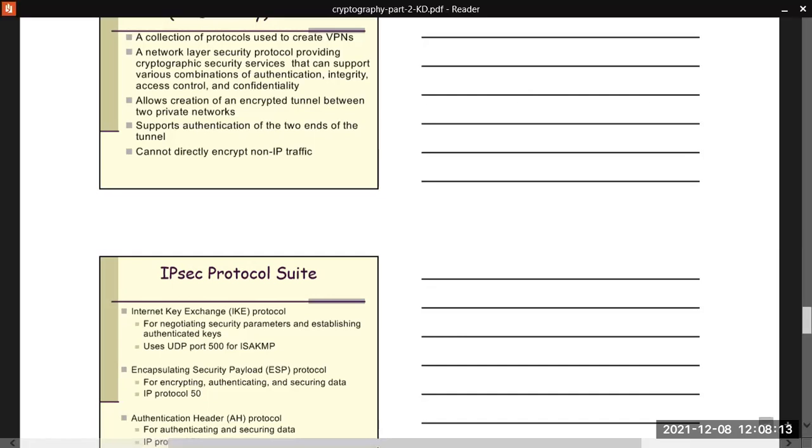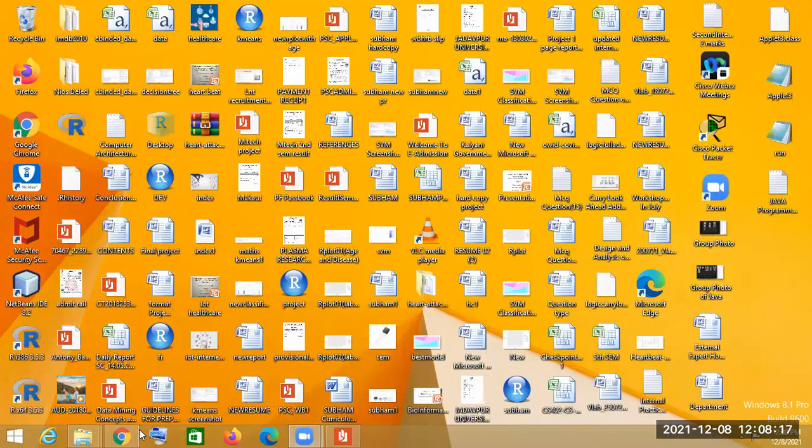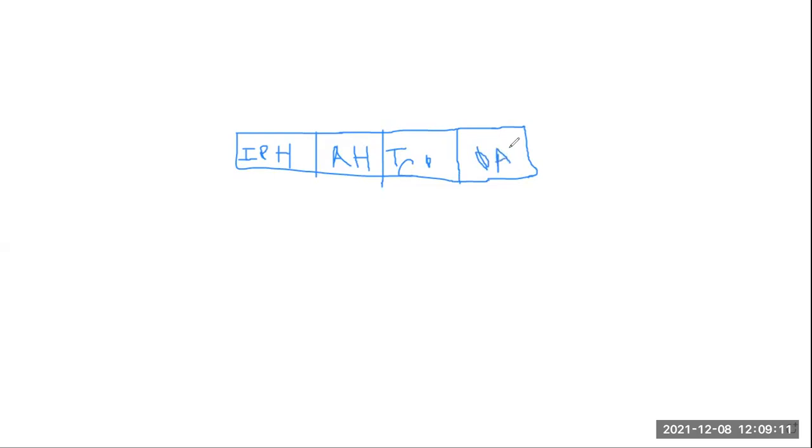The packet form will be like this: the IP header, then the authentication header, then TCP, then data.